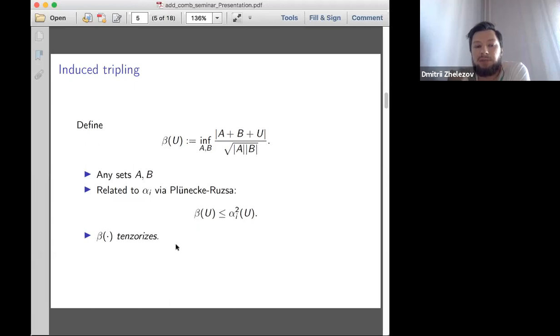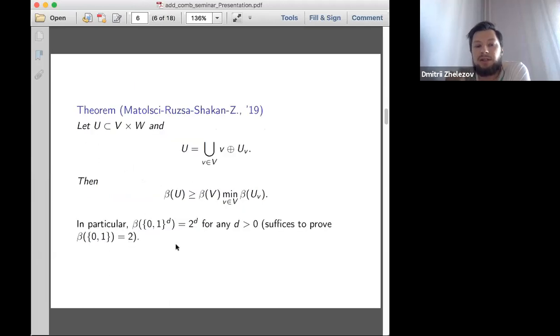So what it means is that if you slice your set into smaller dimensional pieces, then you can bound this beta of your set in terms of the betas of your slices.